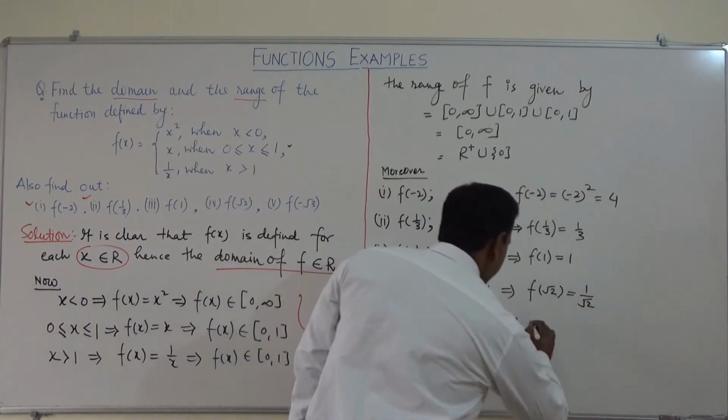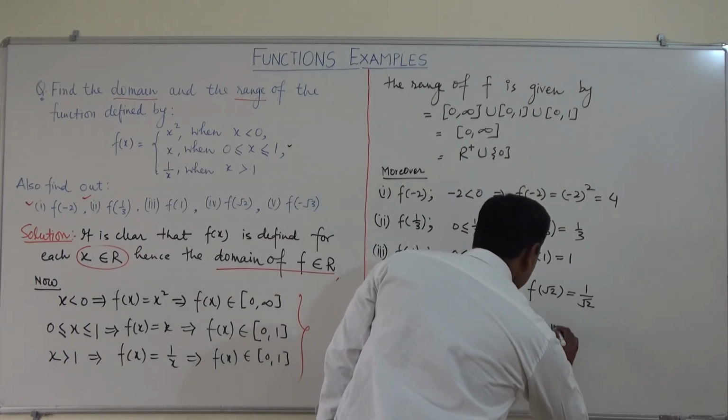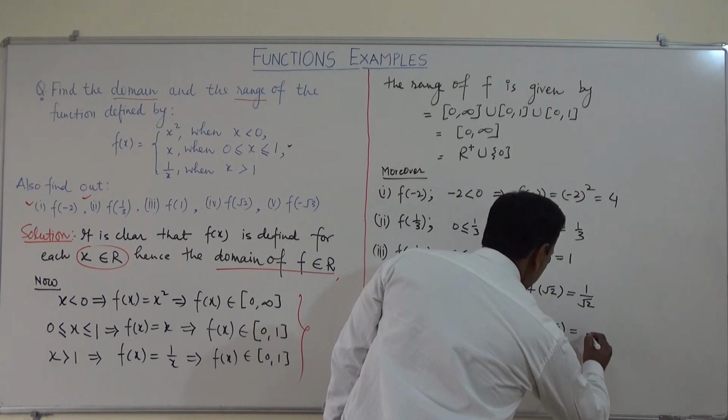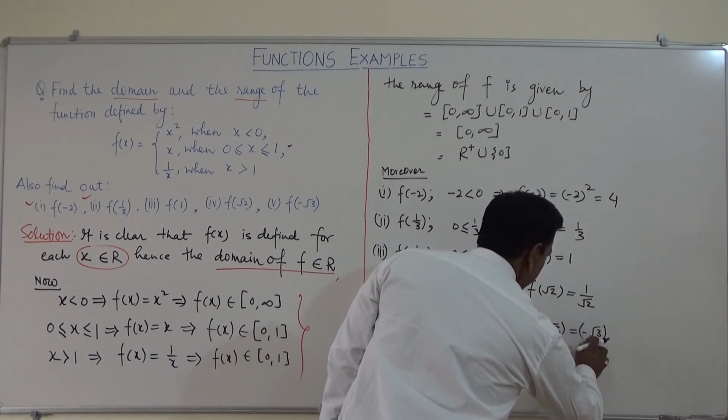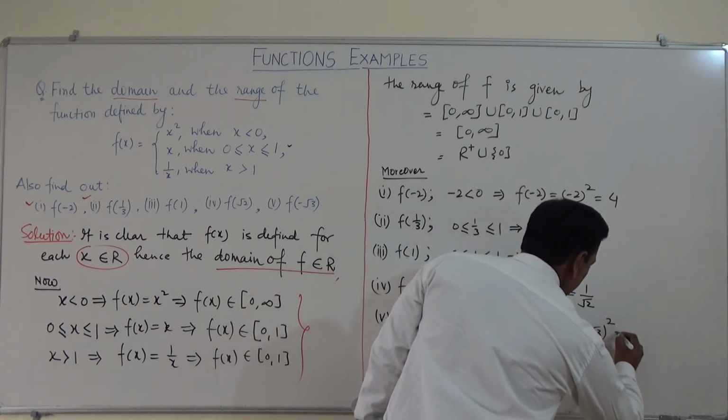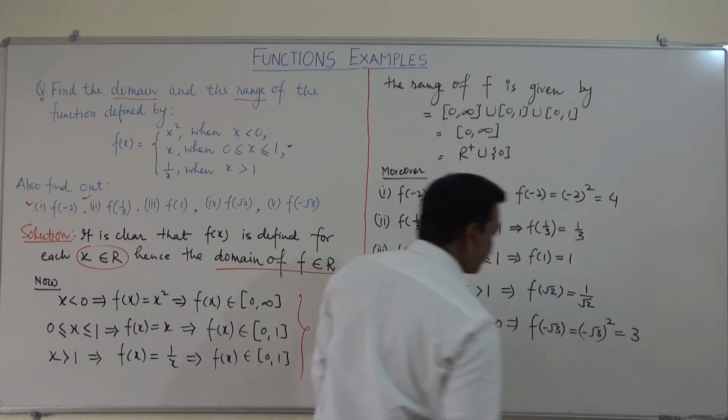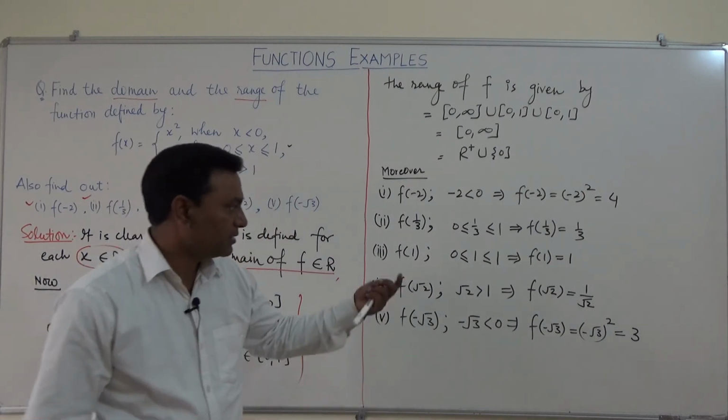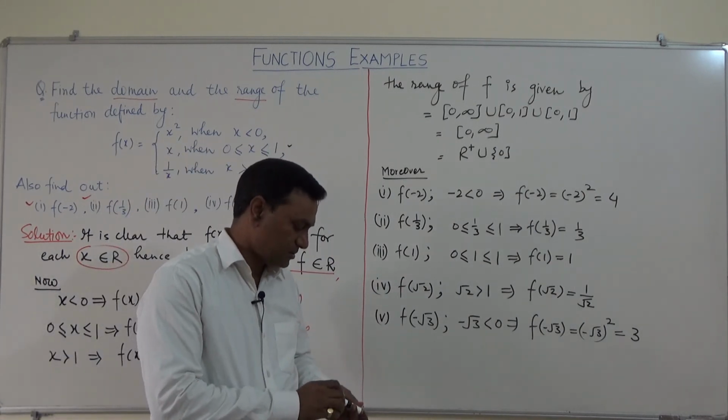So here we can write f(-root 3) equals to (-root 3) square equals to 3. So in this way we can calculate all these values.